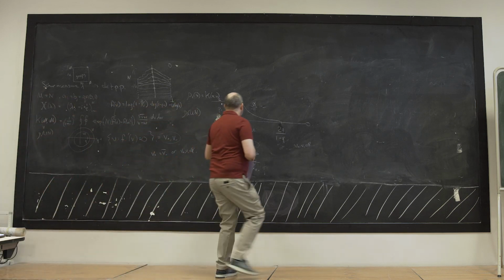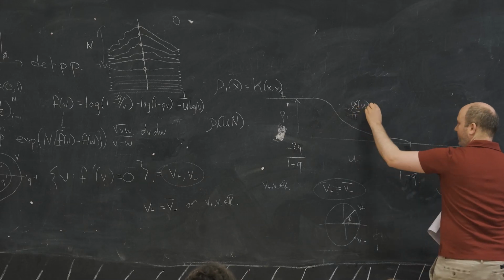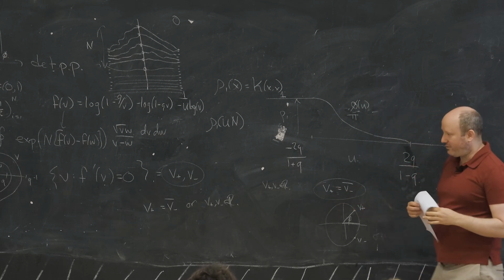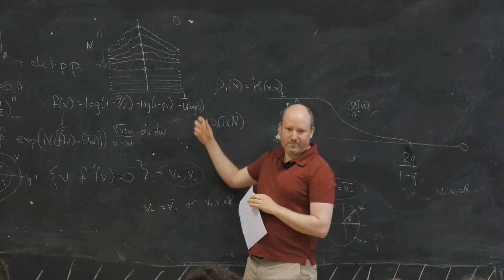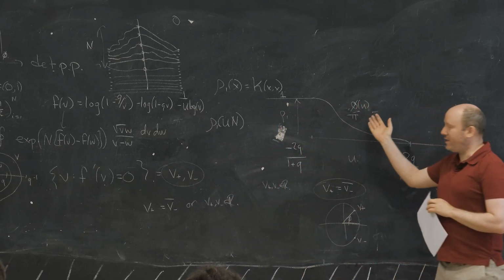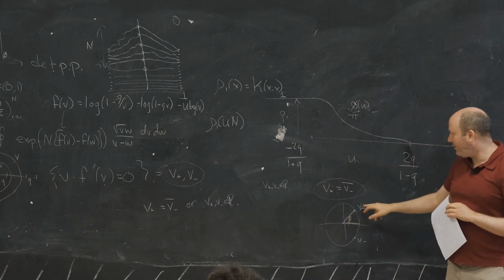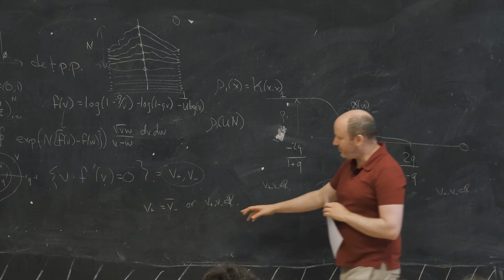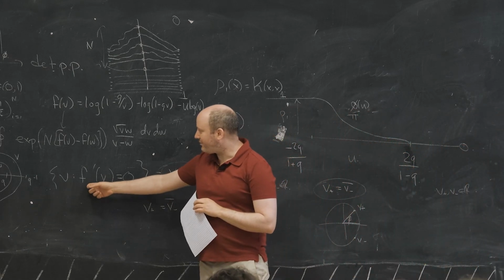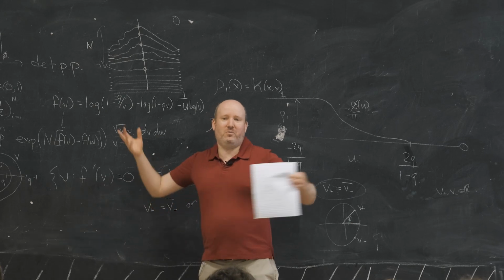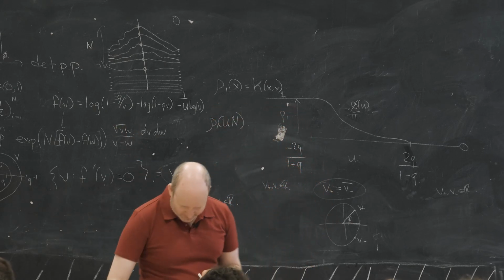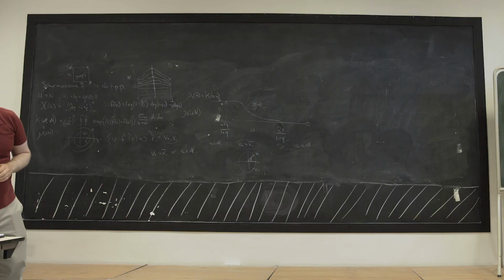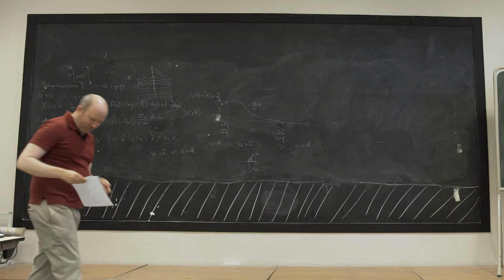So of course, phi is a function of u, because these v plus and v minus, these critical points, depend on u because f depends on u. And that's the limit shape. It's this angle subtended by these complex roots of this quadratic equation. Why in the world does this make any sense? Let me tell you a little bit more before I tell you why.